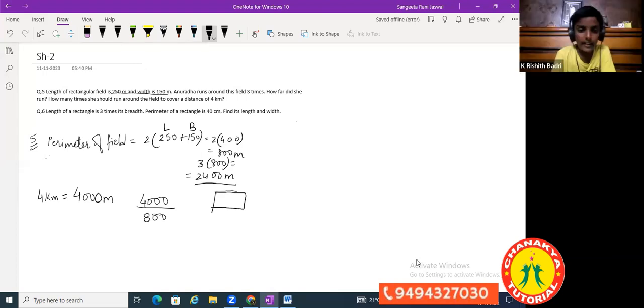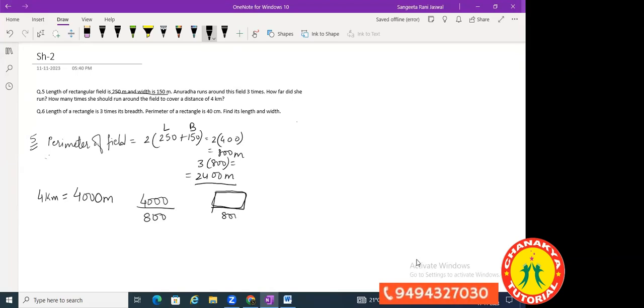So we need to divide by 800. This complete round is 800 meters, right? So to cover 4,000 meters, how many rounds will she take of this field? That is 4,000 divided by 800. We can cancel 2 zeros.